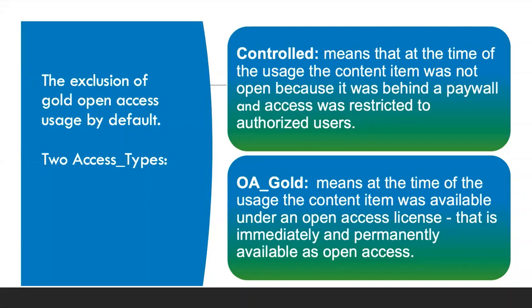So what we did was we created an access type that is spelled out in the item reports, and controlled means that the content is behind a paywall that's being counted. And if it says OA Gold, then that is the content that is open access on that site that has been used. And we wanted to make this delineation to help people get a clearer sense of this breakdown.